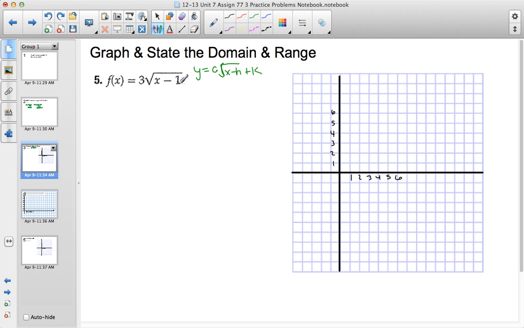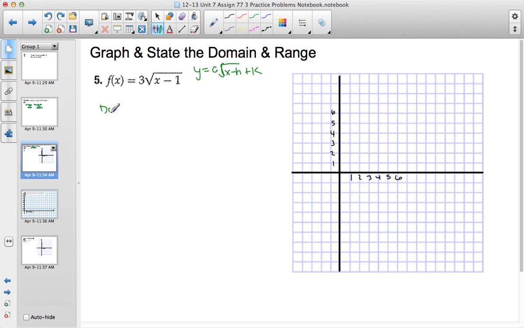In this case, h is 1, right? Because the minus matches the minus, so h is actually 1, which tells me I'm going to have a horizontal shift to the right from my parent function. And a being 3 lets me know that my graph is going to stretch vertically because a is greater than 1. So let me show you that with the domain.